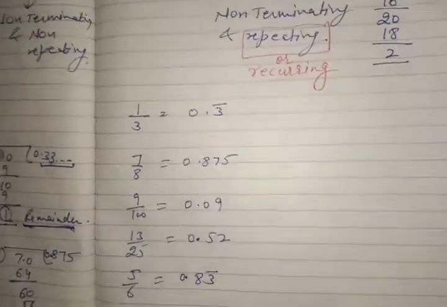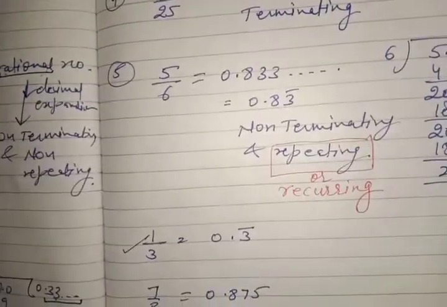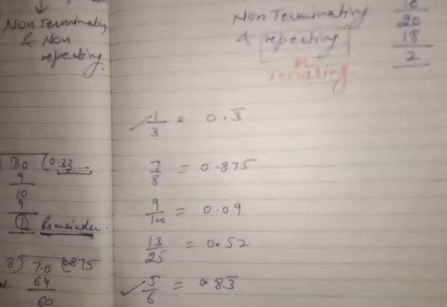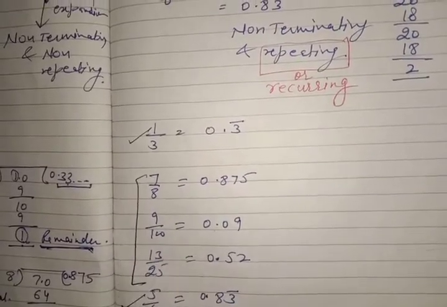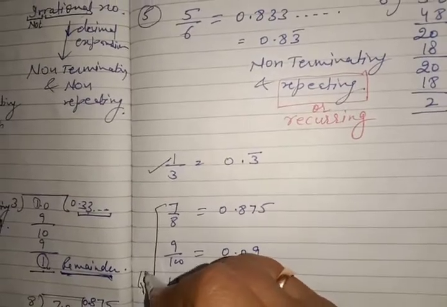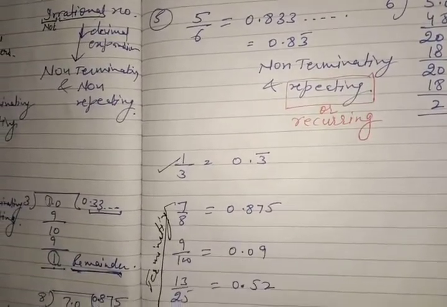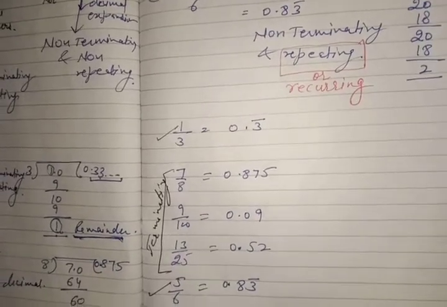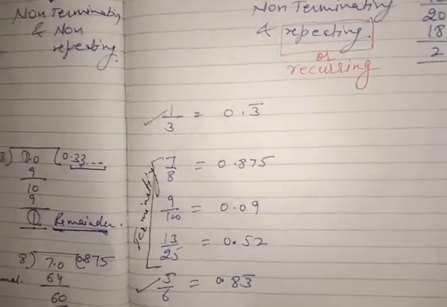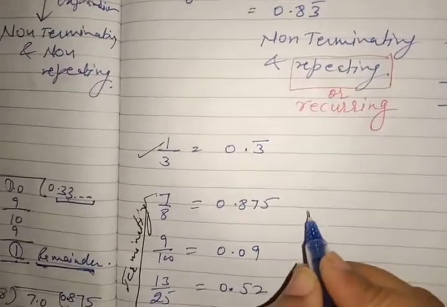And you know, these two are non-terminating repeating and these three are terminating. So can you observe something very important? Just observe it.